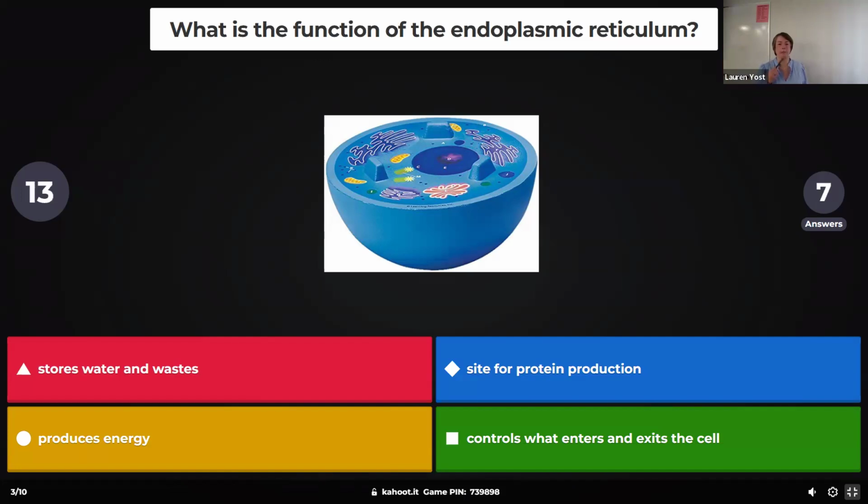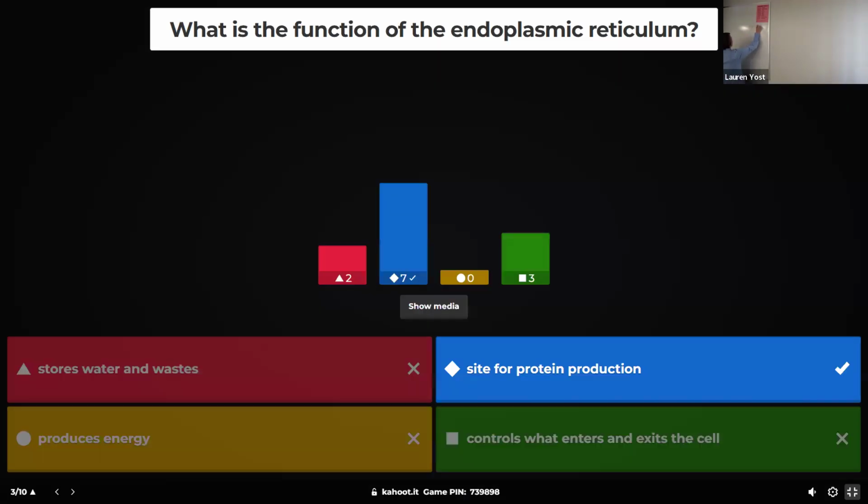Endoplasmic reticulum. So in the cell, we're going to be going over the processes of the cell and how the cell basically performs its functions and how that's controlled by our genetics in chapter 6.